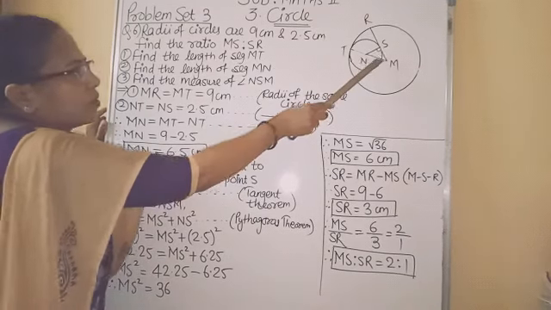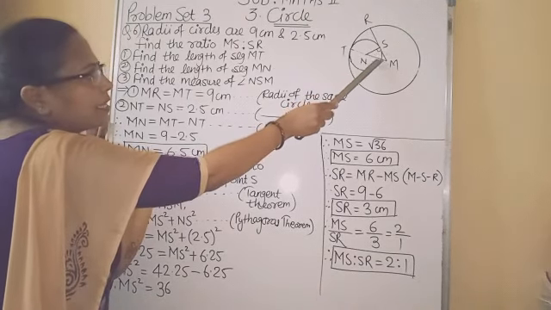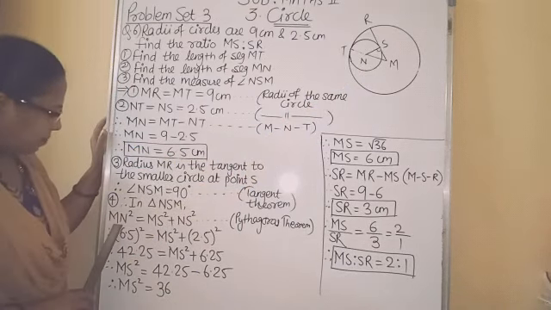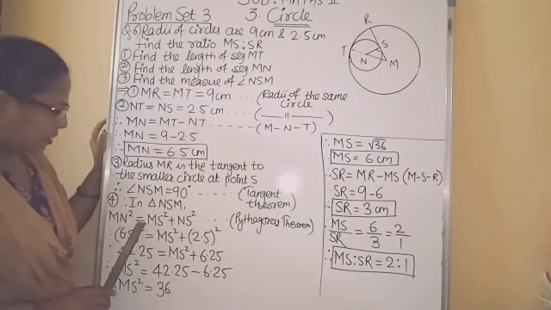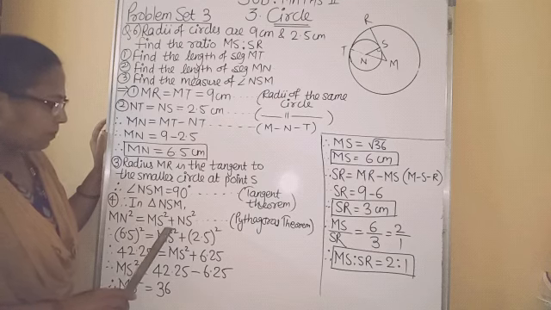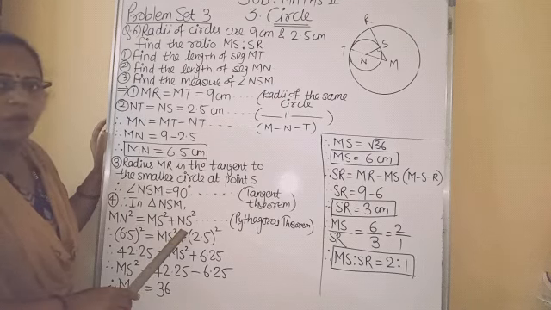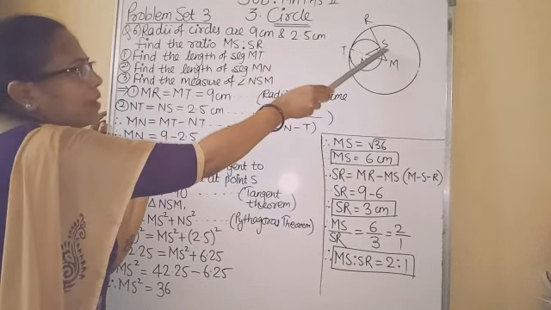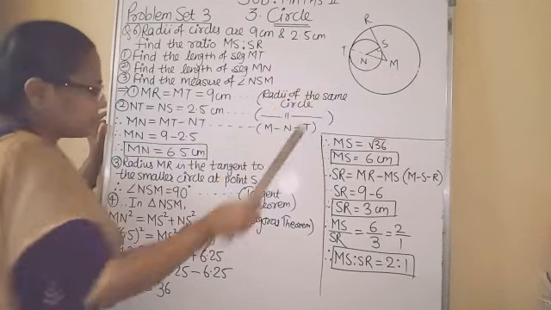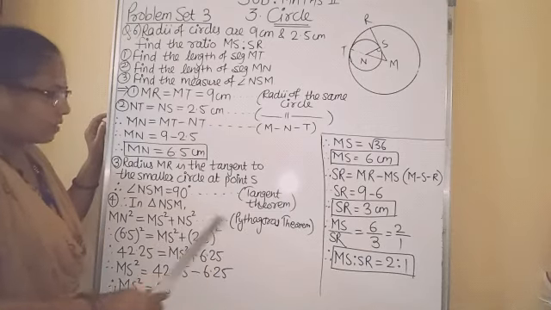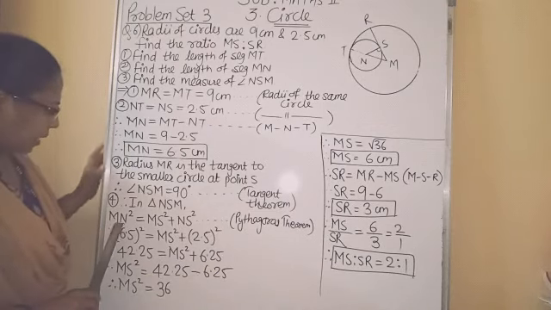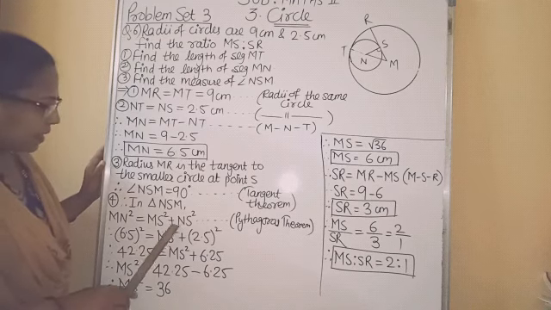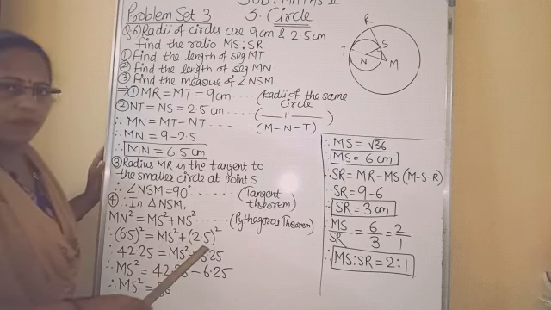Side opposite to 90 degrees is the hypotenuse, so MN is the hypotenuse. So by Pythagoras theorem, MN square equal to MS square plus NS square. Pythagoras theorem. Now substitute value. MN is 6.5 square equal to MS square plus NS is 2.5 square.